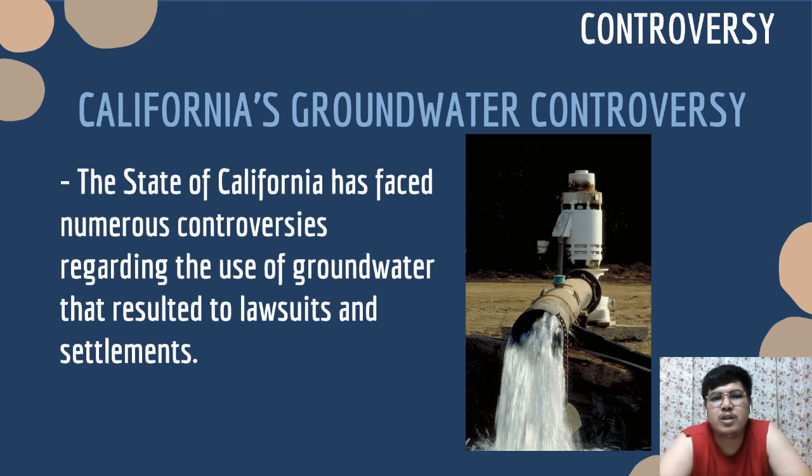Because of these occurrences, California passed the Sustainable Groundwater Management Act in September 2014 that aims to manage and implement the usage and sustainability of water without causing undesirable results.